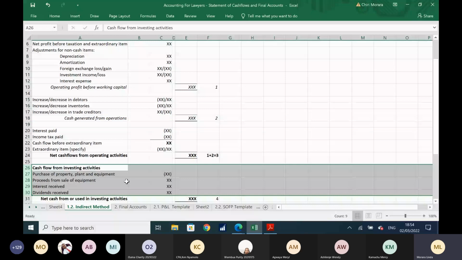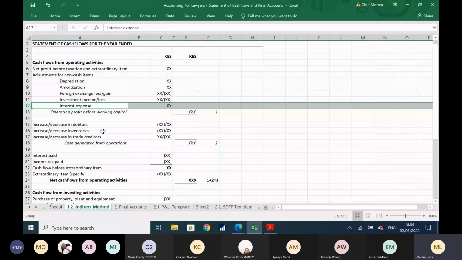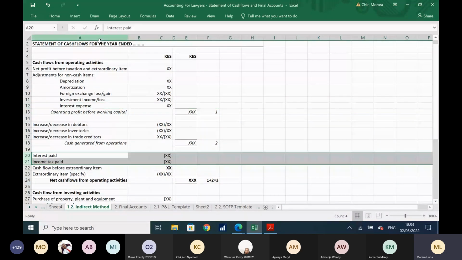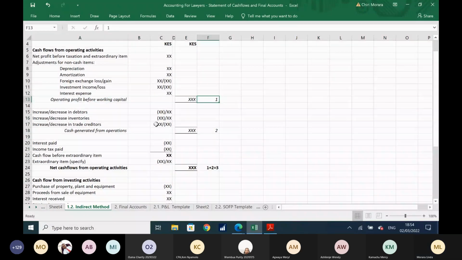Also, you will have your interest expense, which you're adding back, because for this template, it should just come here, because now you're trying to get the actual figure before adjustment for interest and for income tax, right? So you're adjusting it there to get your operating profit before working capital. So that is how you get your operating profit before working capital.